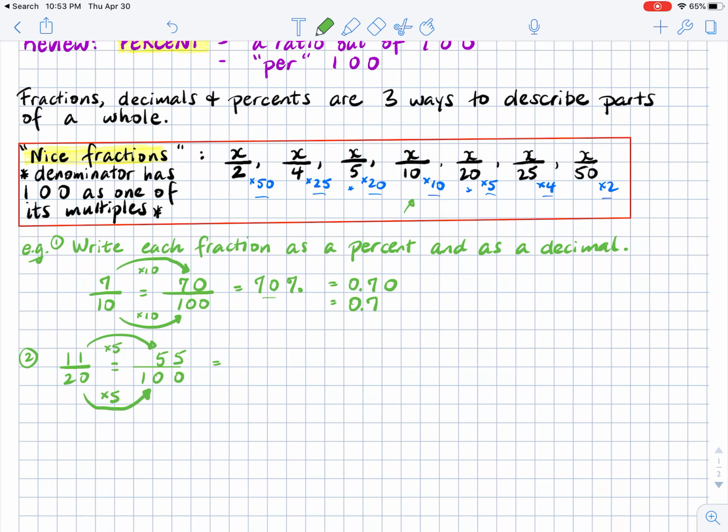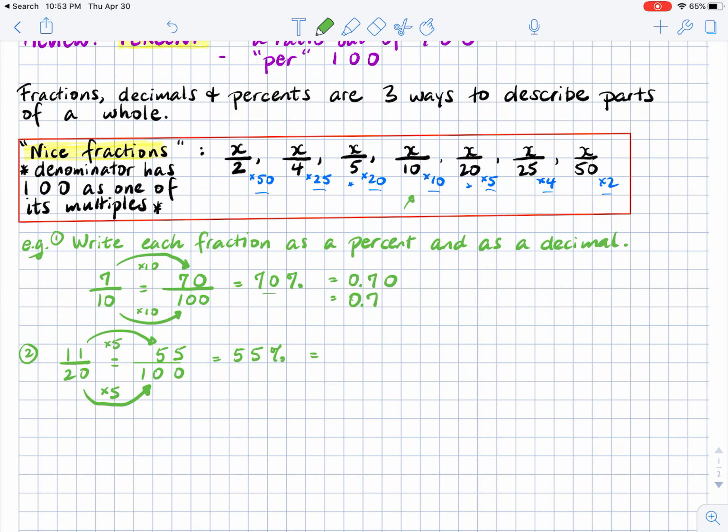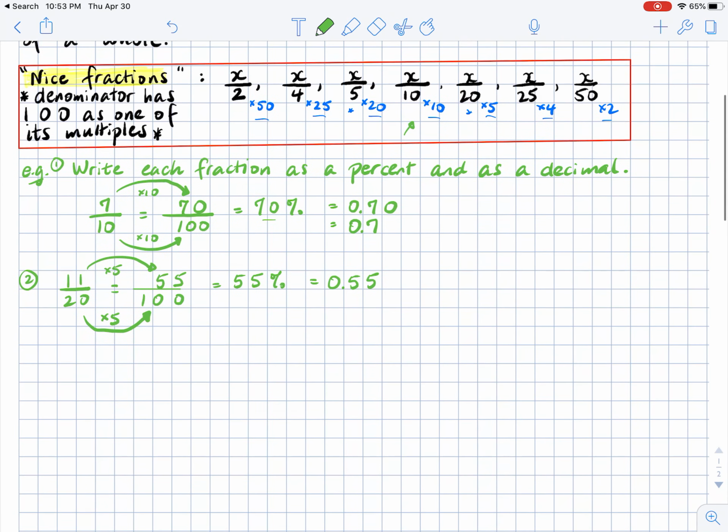The equivalent percent, because percent means per 100, will be 55%. Again, it also makes it a nice conversion to the equivalent decimal form of 55 hundredths. Okay, so those are 2 examples dealing with fractions that aren't necessarily over 100, but it's easy to convert to 100 because, again, these denominators have 100 as a multiple.